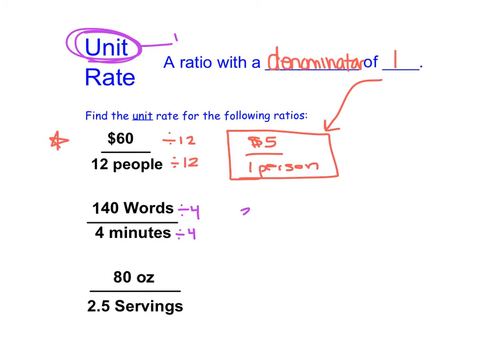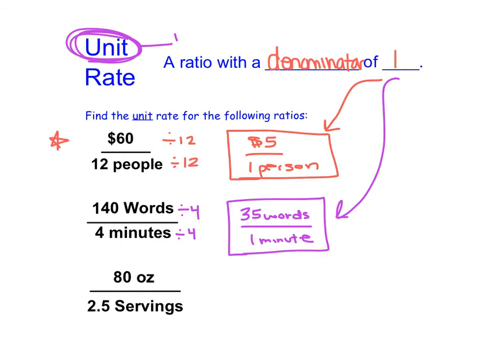So my numerator becomes 35 words. I want to keep my units there so I remember what this rate represents. And 4 divided by 4 is 1 minute. So whatever this is, a reading rate or a typing rate, it's 35 words per 1 minute. And again, denominator of 1 is what makes this a unit rate because it has a denominator of 1.